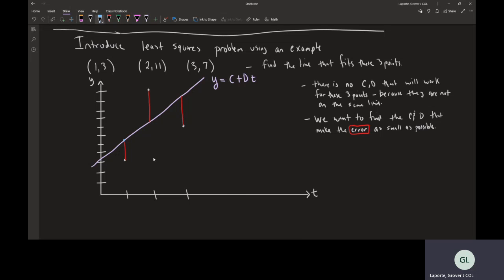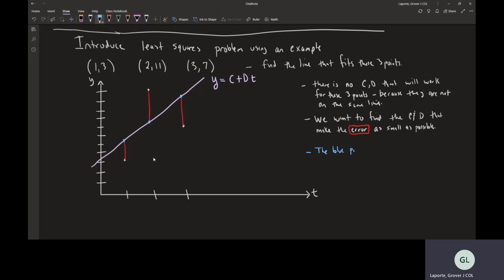So this will be some point on the line, this will be some point on the line, and this will be some point on the line. So if you found some C and D, we could calculate what those blue points are. Let's just label it.